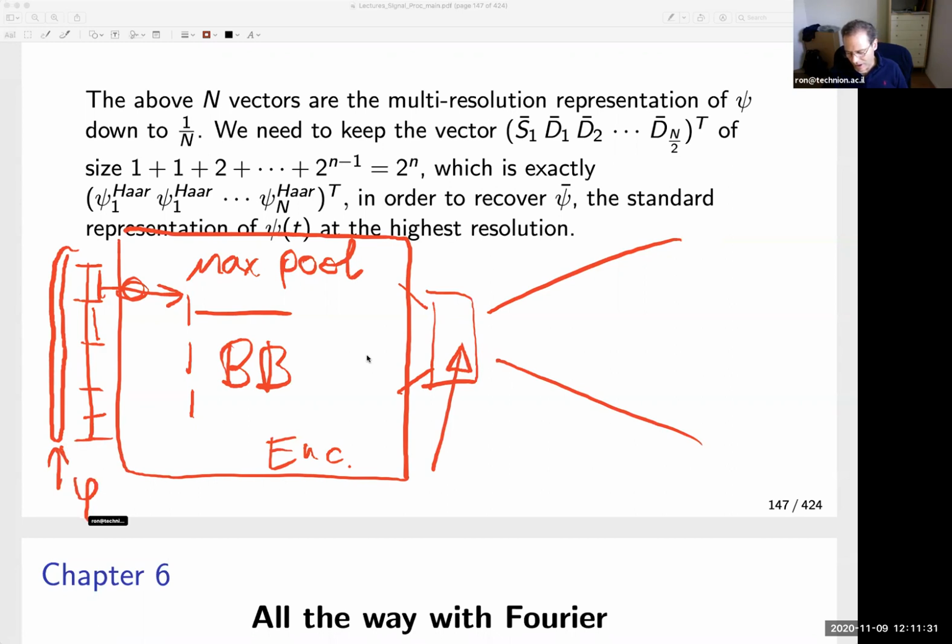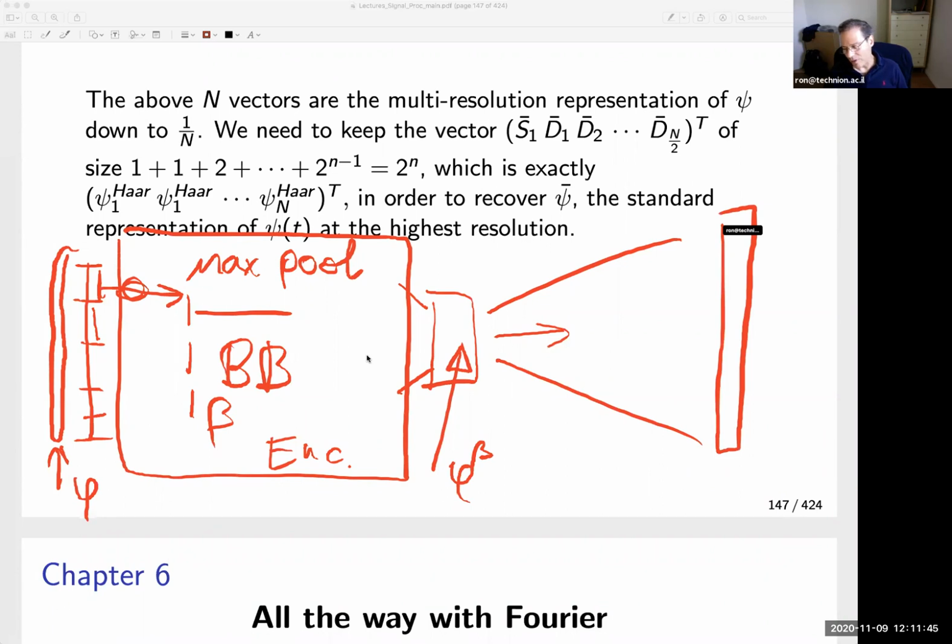So here I have my psi beta, assuming that I have some functions here beta that are allowing me to represent my psi here. And then I also have a reconstruction mechanism that from these betas would allow me to extract back the function or something else. And this is called a decoder. So encoder decoder is something that we use, for example, in deep learning.